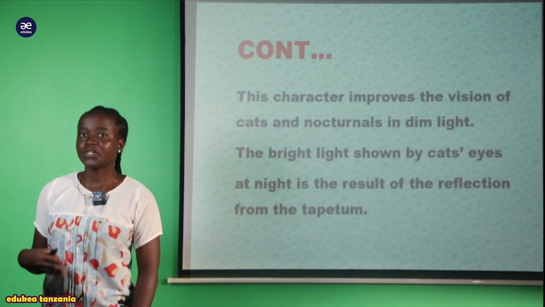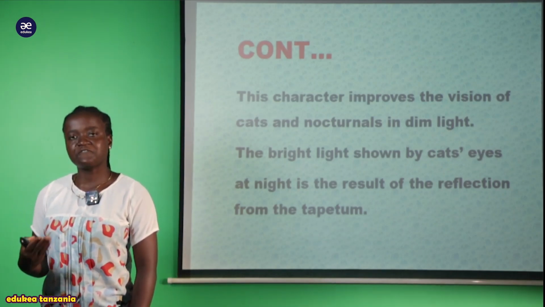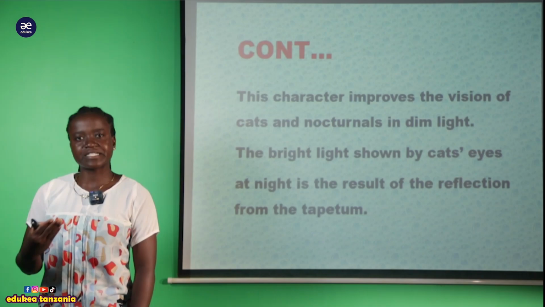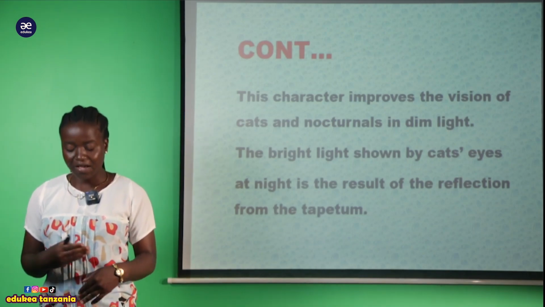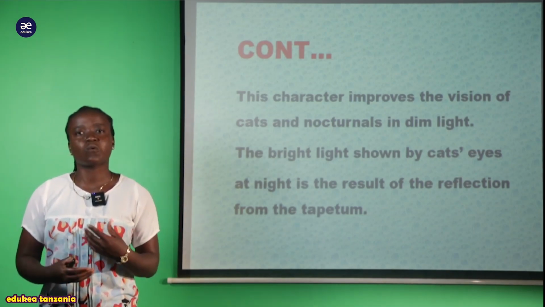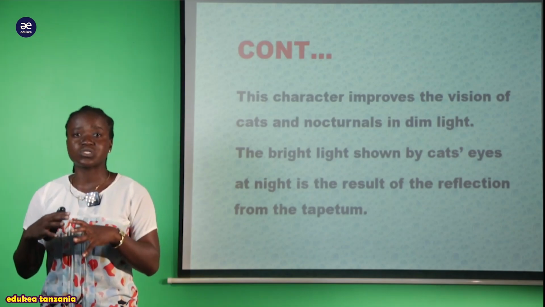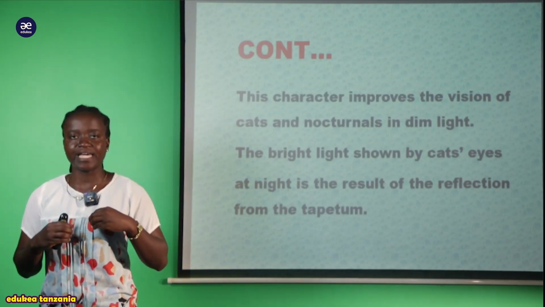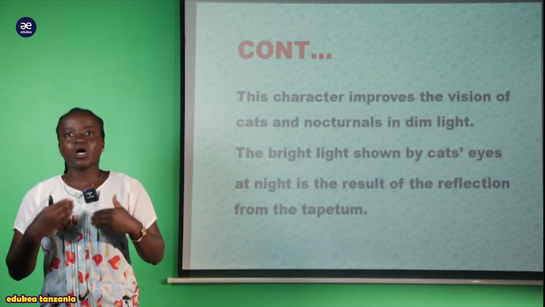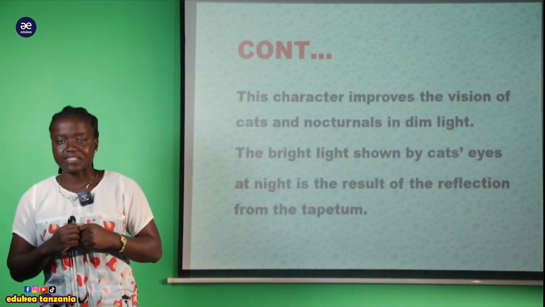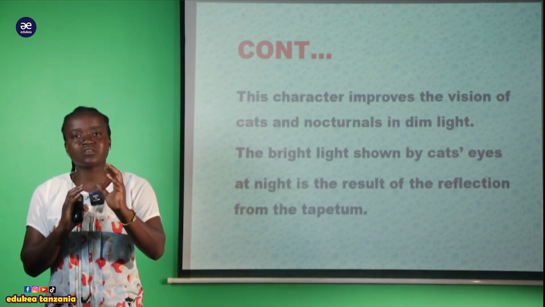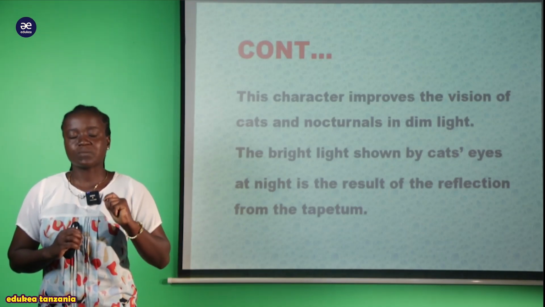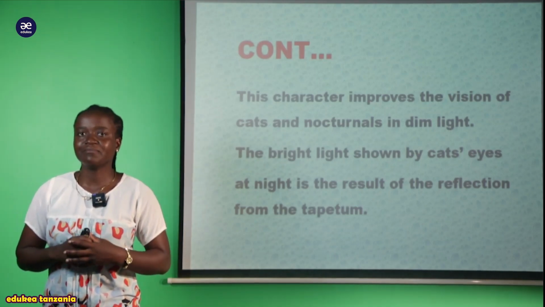So due to that reflective layer, the tapetum layer is what gives those organisms a very great ability to see at night. It is due to the presence of this tapetum layer, where their rods, which are found within their eyes, have a high ability to absorb more light during dim light.